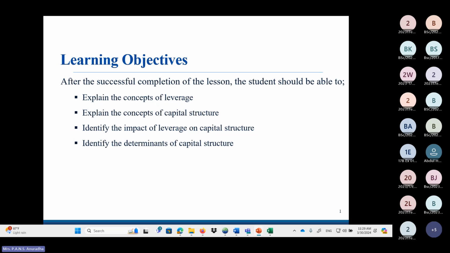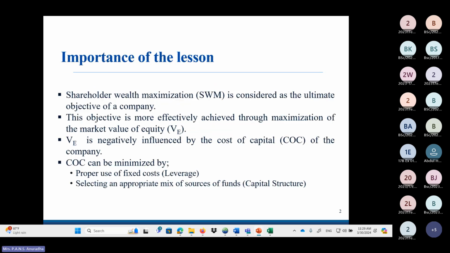So let's start with the concept of leverage. Before going to leverage, let's see the relationship of this lesson to our objective, that is wealth maximization, value creation. You know that wealth maximization is considered the ultimate objective of a company.